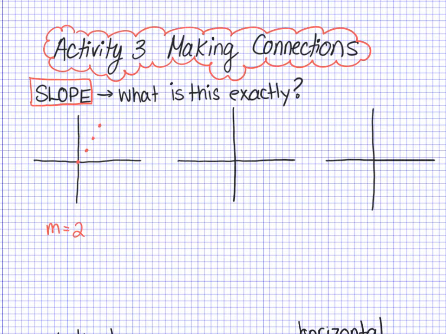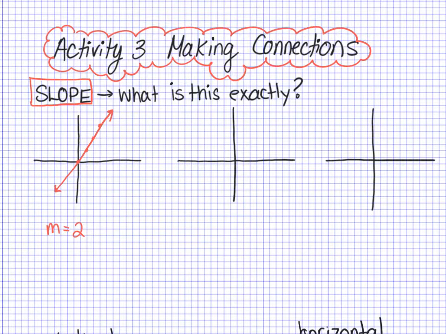I'm going to push all these buttons until I find one. Are you enjoying this video? Comment below. I think I turned off comments. Okay, so we're just going to freehand that guy until I figure it out. So there's our line with a slope of 2.